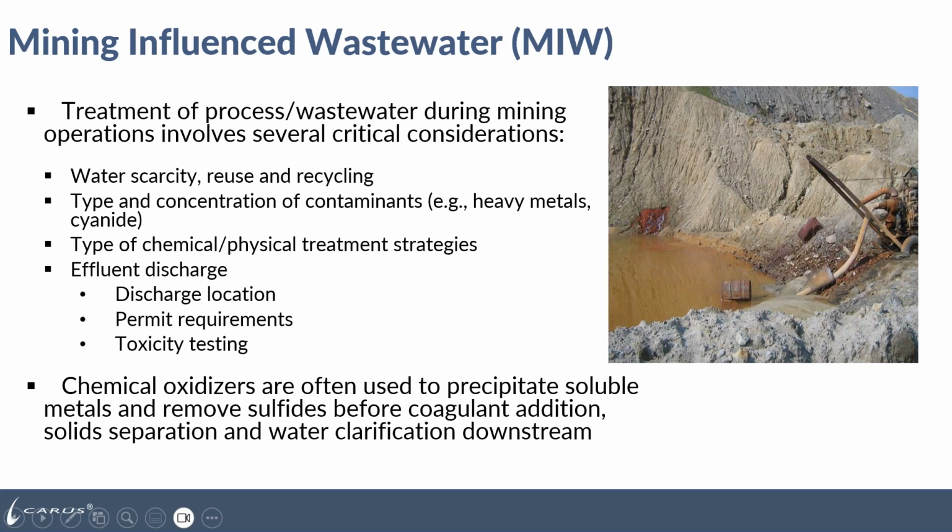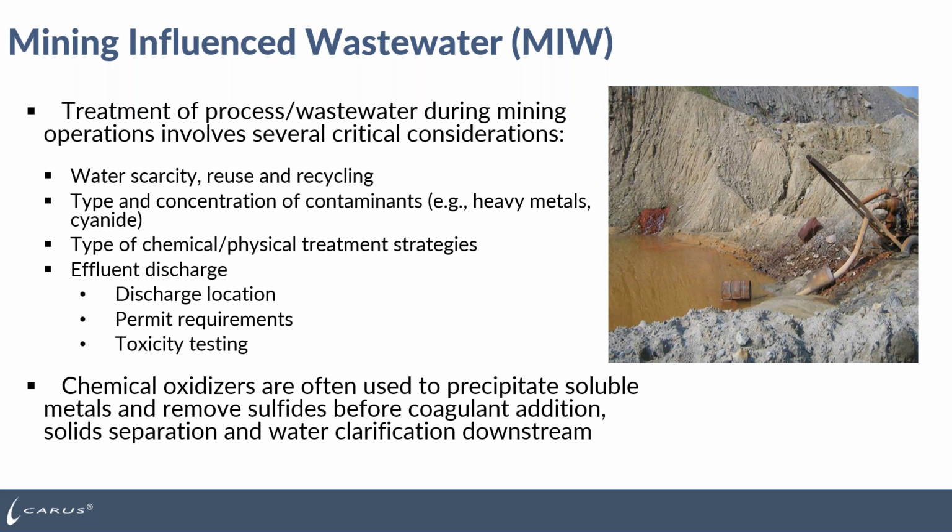So there are numerous factors to consider for the treatment of the wastewater or processed water that is produced during mining operations. Some of these include water scarcity and the potential requirement for water reuse or recycling, the type and concentration of contaminants like heavy metals, the type of chemical and physical treatment strategies that are used, and the specifics of the effluent discharge, such as the discharge location, whether that may be city water or local water bodies, any specific permit requirements, and also toxicity testing.